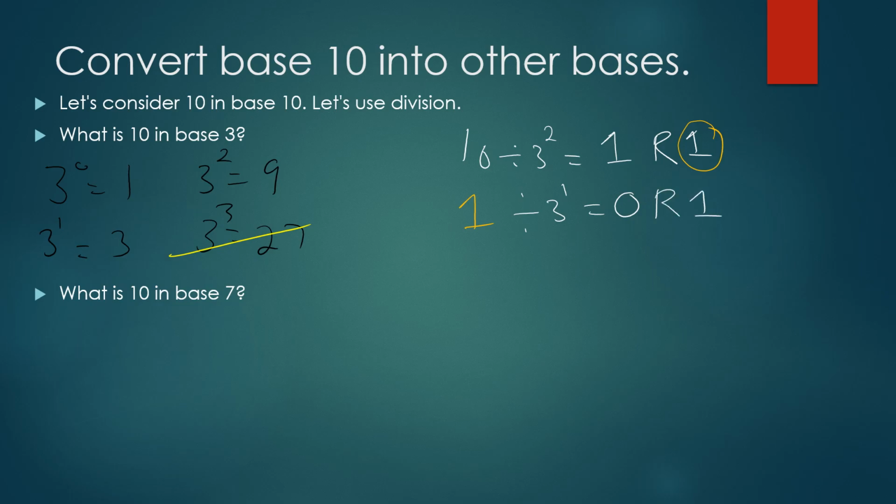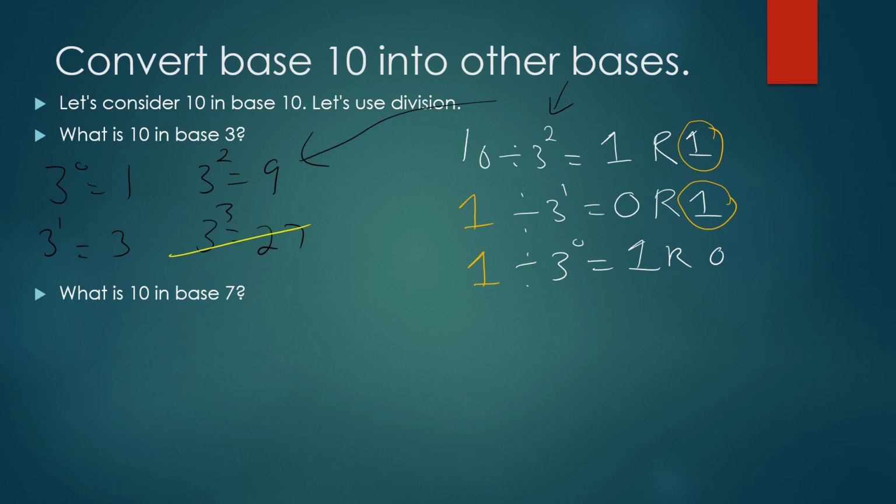Now I'm going to take this 1, and I'm going to divide it again, but this time I'm going to divide by 3 to the 0. Notice how this is utilizing the stuff we had over here. Now remember that 3 to the 0 is 1, so I have one group of 1 with a remainder of 0.